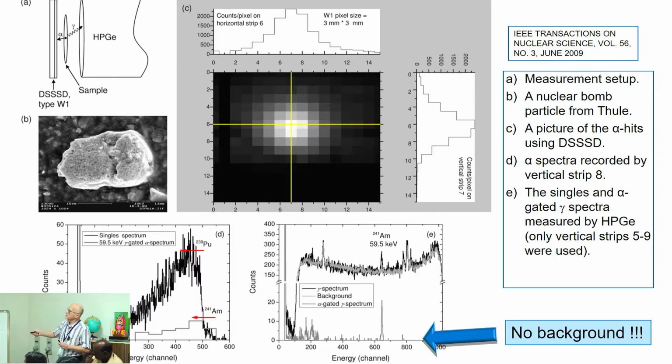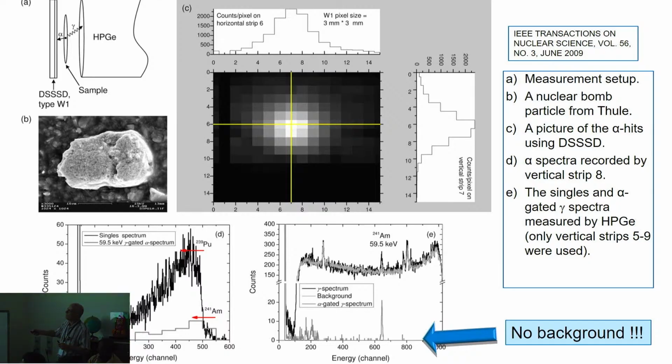You can see this is the alpha detector. You can see the strips here or this way. So each strip can detect an alpha spectrum.